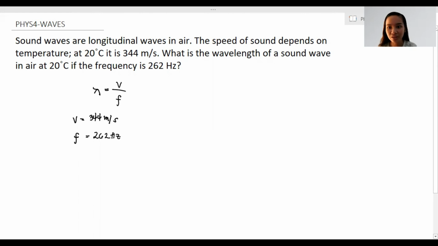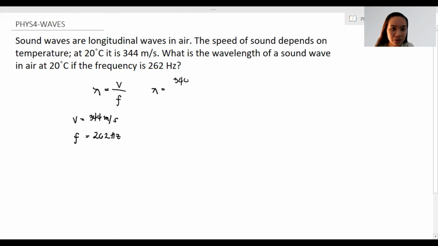Now we can disregard the temperature since we are asked for the wavelength at the same temperature, that's 20 degrees Celsius. We're given the speed of sound at 20 degrees Celsius, and we are asked for the wavelength at 20 degrees Celsius. So it is not useful in solving this problem. Now we can directly solve for this problem.